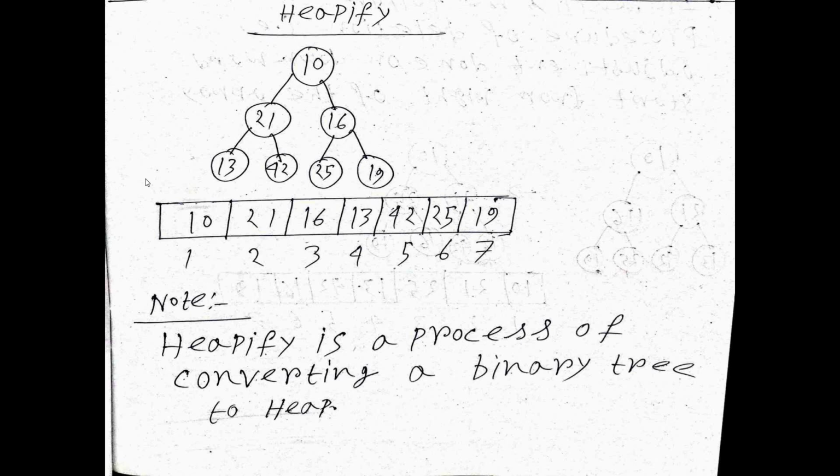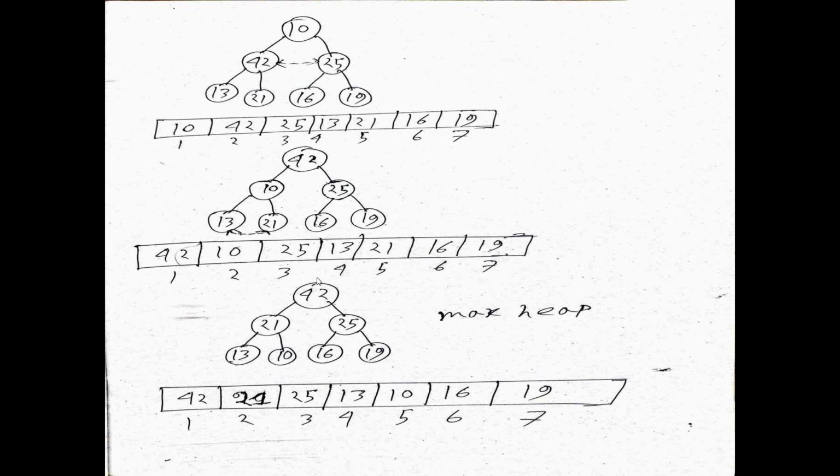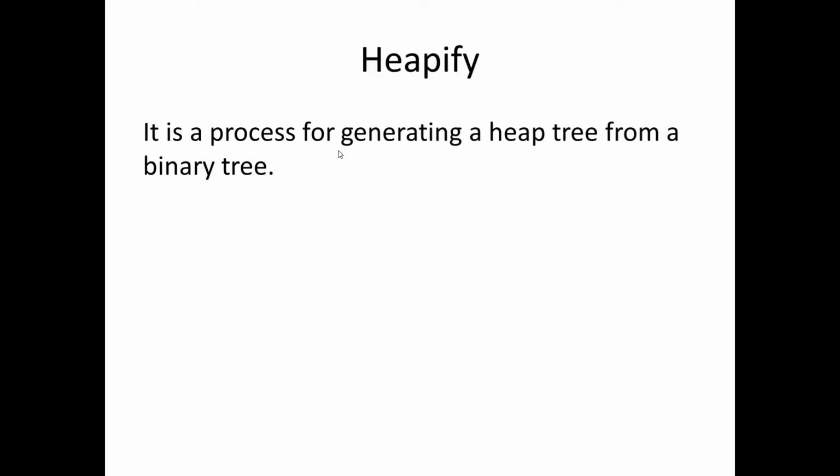Take the elements one by one, check whether it is a max heap or not. If it is not, follow the rules for deletion of a node. Same way we did the Heapify, and after that processing we get a max heap from this normal binary tree.